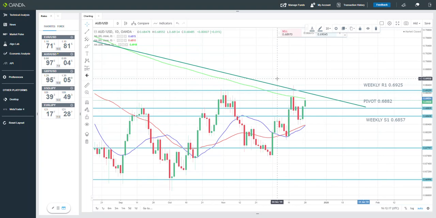So we could see some really light trading volume. And what that will mean is price could just go sideways here for the next couple of days, right? Back and forth, kind of just weave around this pivot point, the 68.82, but be kind of indefinitive about where it's going. However, it definitely looks bearish, and I'm going to set my stops behind the last high.